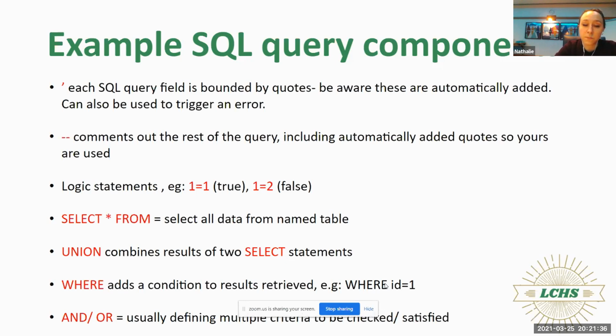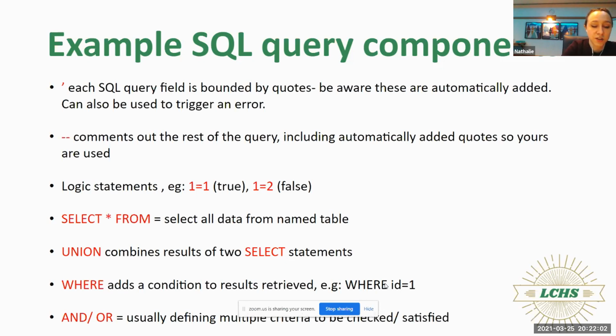So select star from basically just means select all data from, and then at that point you can, for example, name a particular table, and it will return everything from that table to you. Union is a command that will combine the results of 2 select statements. So you'll make 2 queries to the database to select data, and then you'll combine them into the output that's passed back to the user.